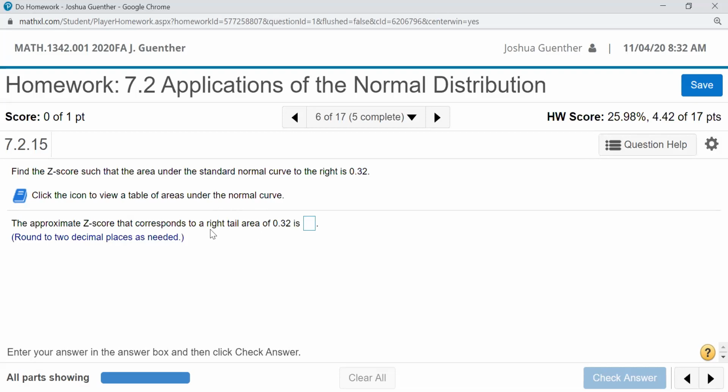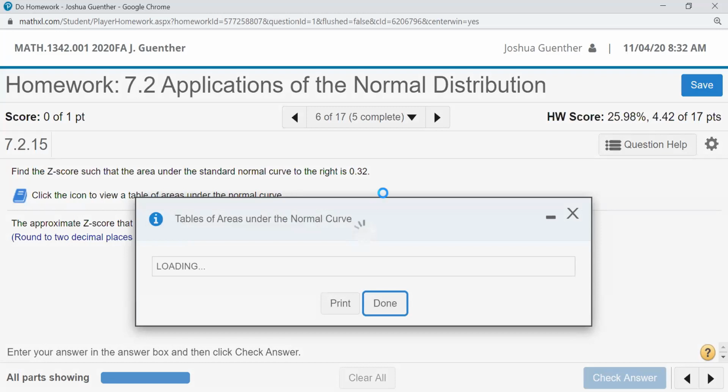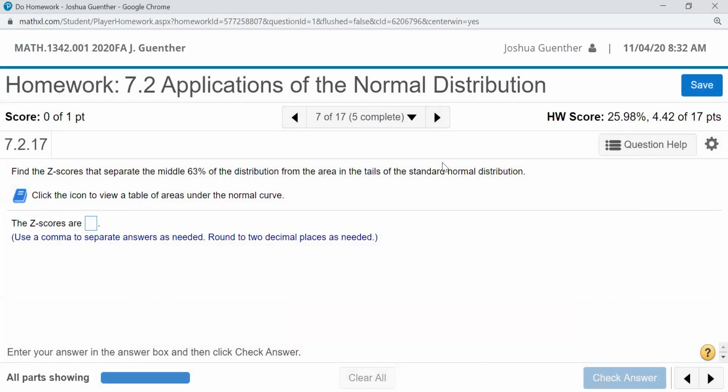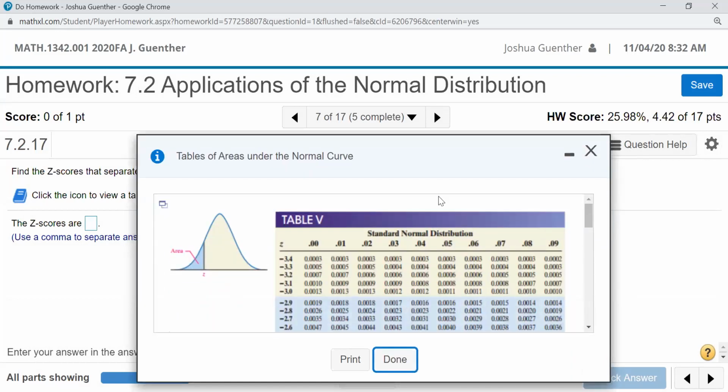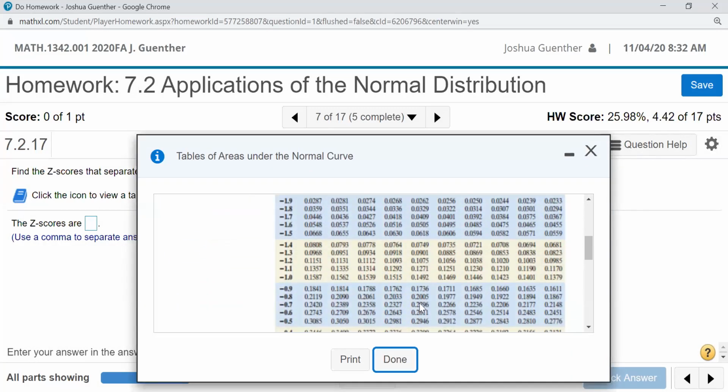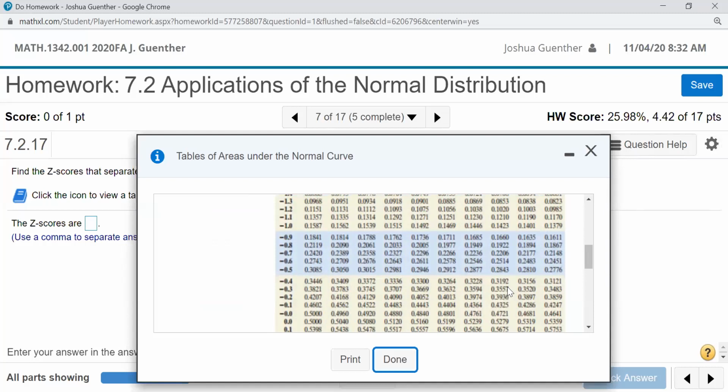Now let's look at the next one. We want to find the approximate z-score, because we're probably not going to get there perfectly, that has 0.32 of the area to the right of it. Oh, this means we go look up 0.32 in the table.